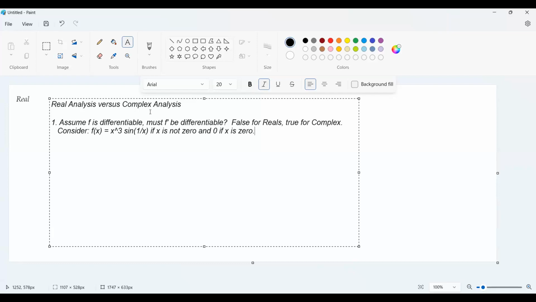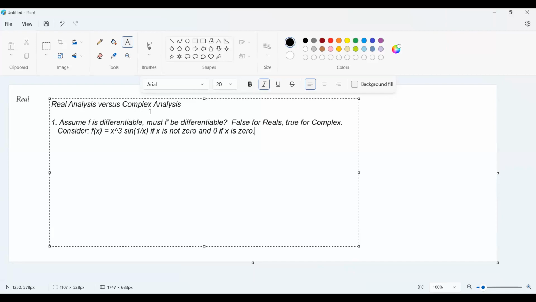Take the derivative of x cubed sine of 1 over x with the normal rules and see it's not defined. That could be determining whether or not the derivative is continuous. I just want to know if it's differentiable at 0.